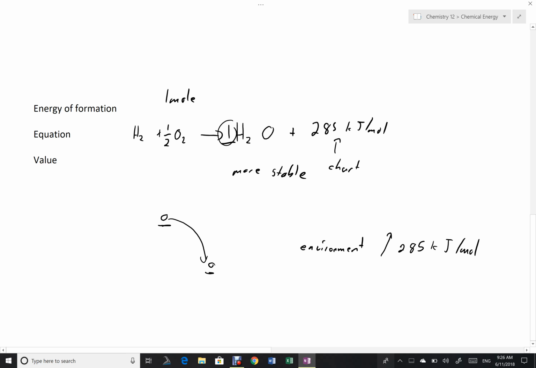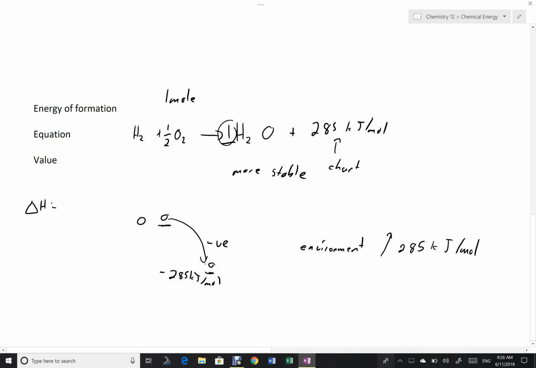Because delta H is expressed from the point of view of the atoms, they're going from here to here, so this is a decrease, this is a negative, right? Let's say this was 0. How far down did they go? They went down negative 285 kilojoules per mole.